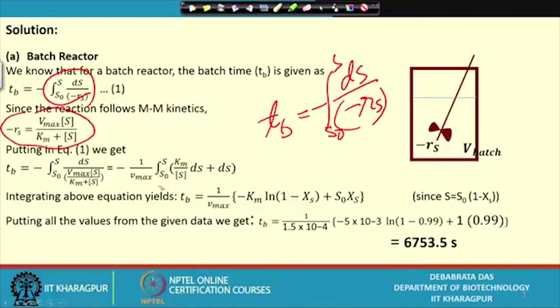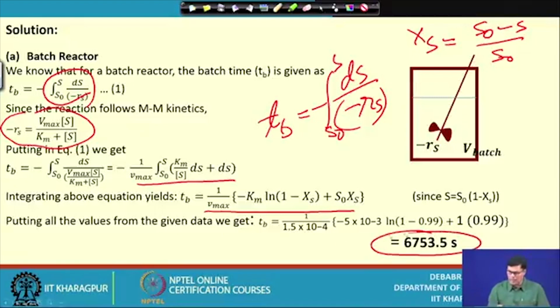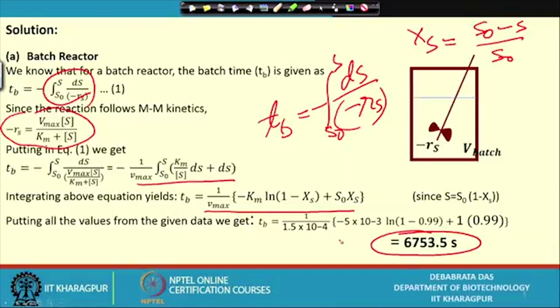Then we can put these values in and get the equation t_B = −(1/Vmax) ∫ from S0 to S of (Km/S + 1) dS. Now, this can be converted into this form using the excess, X equal to (S0 − S)/S0. If you put this value in, you will find the time required for this batch process comes to about 6,753.5 seconds.